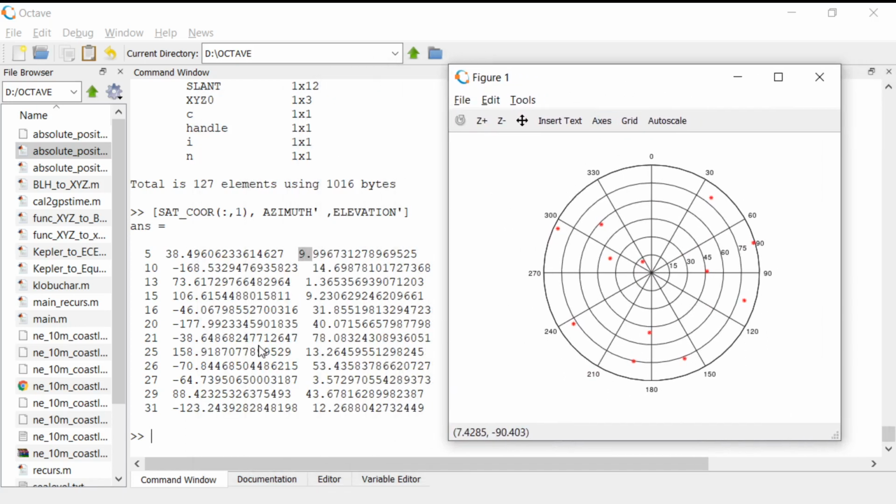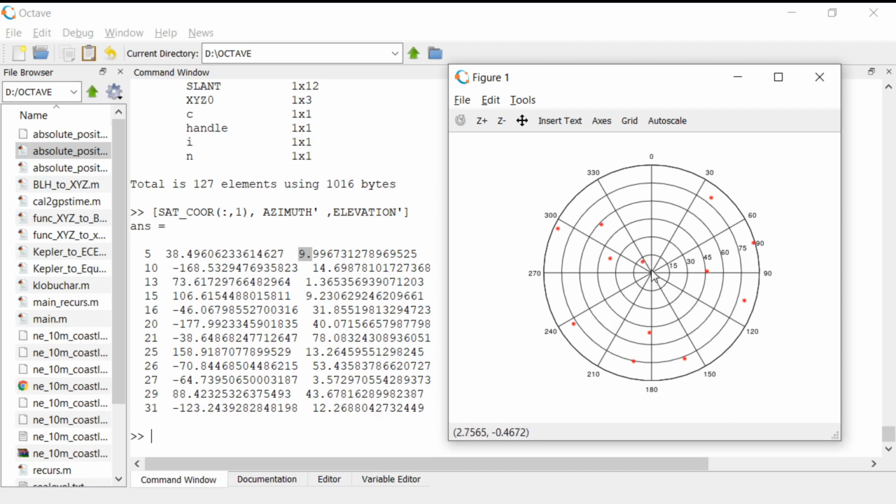And as you can see, another example: the satellite having the highest elevation value is 21. It is minus 38, so it is nearly 320 degrees, and at zenith angle around 70, so elevation angle around 78, which corresponds here to nearly 12 degrees.